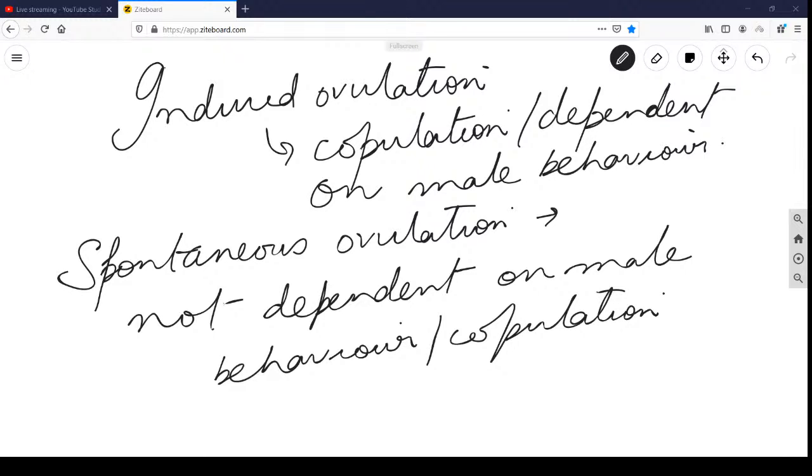Then you have daily light cycles, which have a profound influence on the estrous cycle in some mammals. For example, if laboratory rats with a 4 to 5 day estrous cycle are kept on a 12-hour light, 12-hour dark daily cycle, with lights turned on at around 6 a.m., the rats ovulate at 2 a.m. on the morning of the estrus.